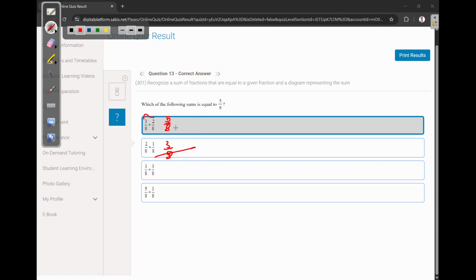So we know this one is correct, because they never said there are two of them. 5 plus 1 equals 6, so we know it's wrong. 3 plus 3 equals 6, so that's wrong. This is the only correct one.